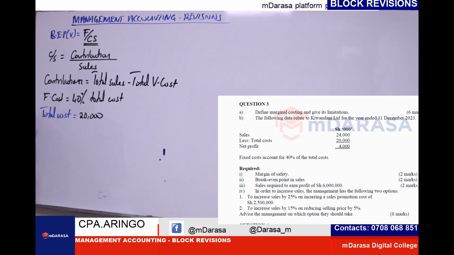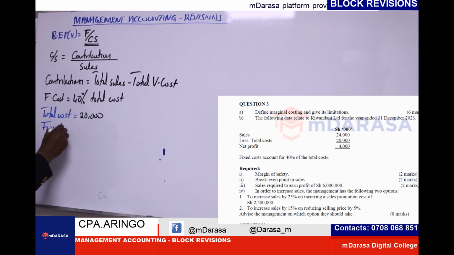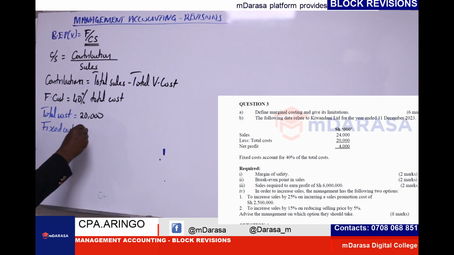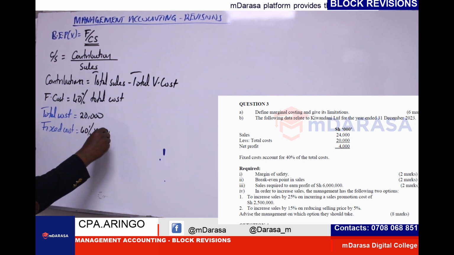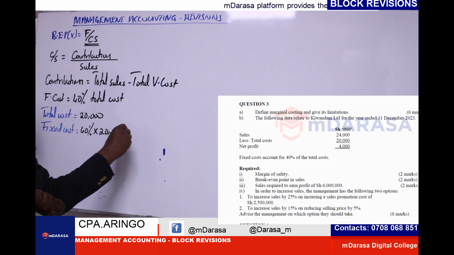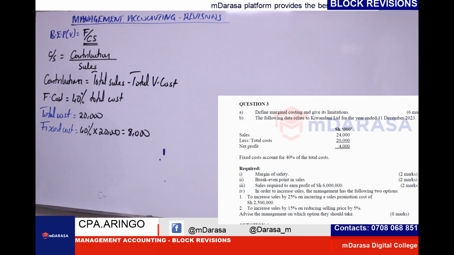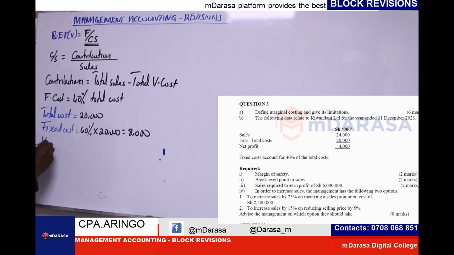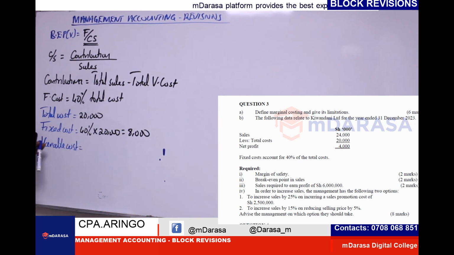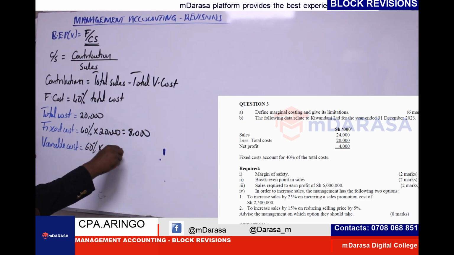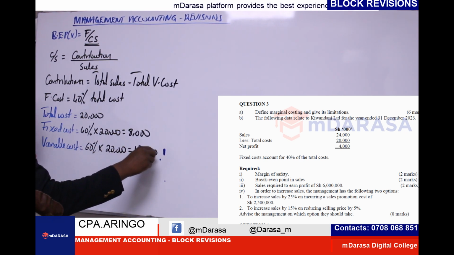So we can agree that my fixed cost is 40% of that, 40% of the 20,000, which gives us, of course, 8,000. Therefore, our variable cost in this case will be 60%. So 60% of the 20,000 will have a value of 12,000.